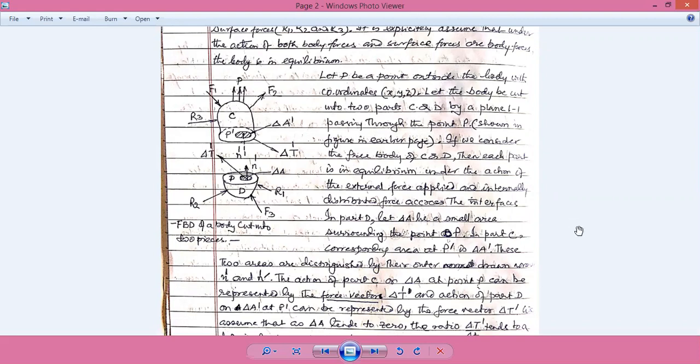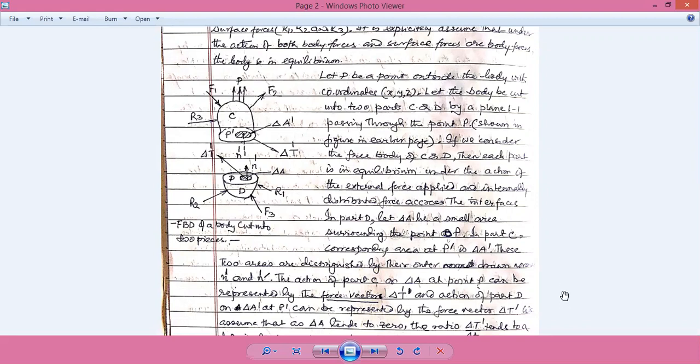Now, let us consider the part D. There we are looking at a sectional area, an infinitesimal area surrounding the point P itself. In part C, we have the same area surrounding point P dash, and the area is delta A dash itself.